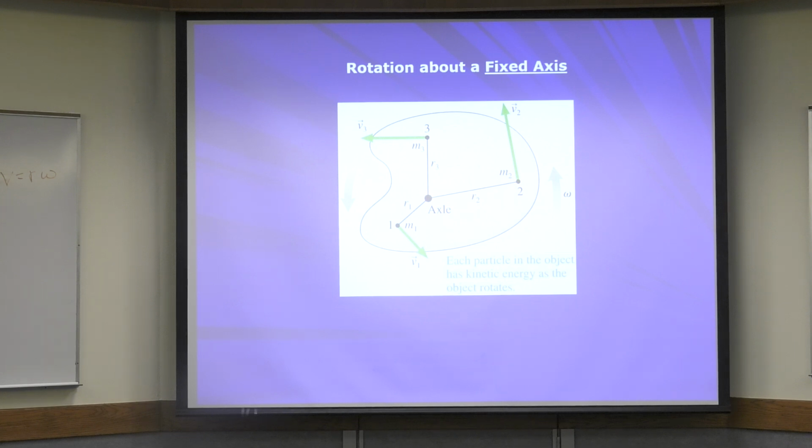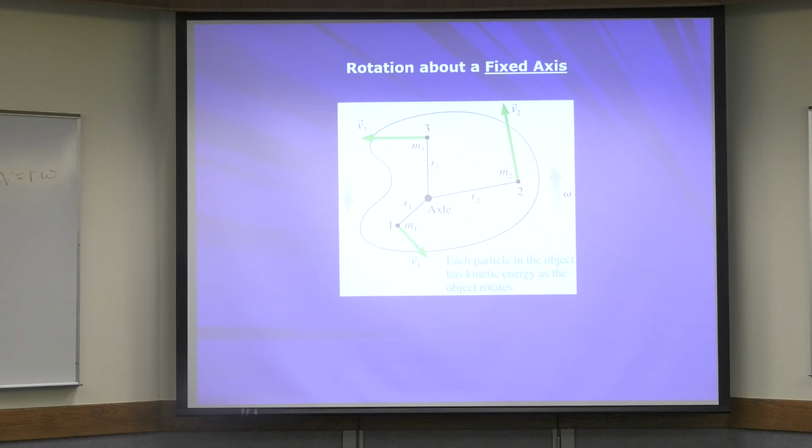Let's write that a little differently, just to emphasize it: 1/2 the sum of mi ri squared, and then since the omega squared is the same, I'll just put the omega squared there. I didn't really do anything fantastic.